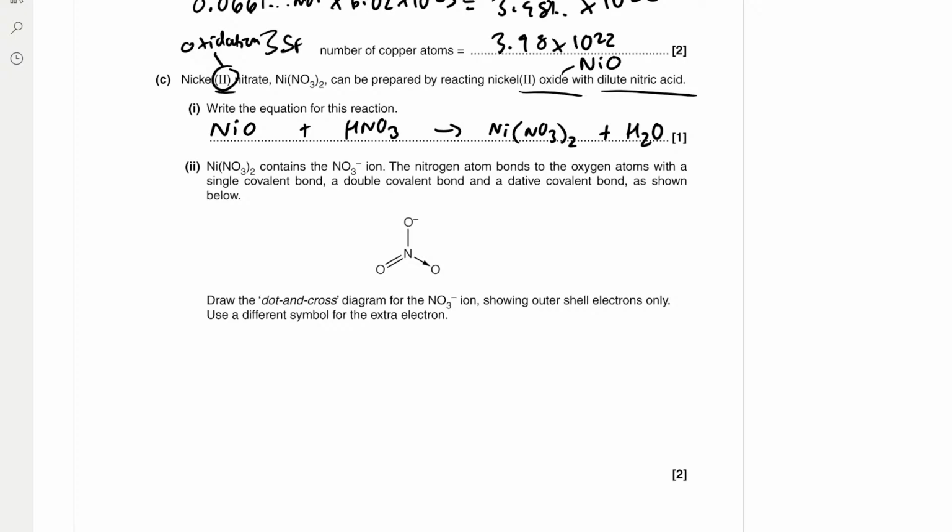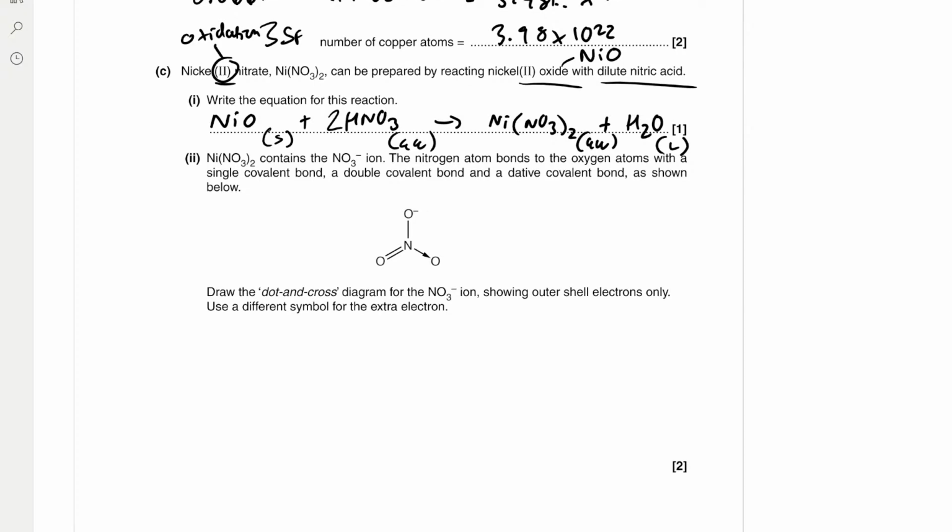Then we need to balance it. We've got 2 NO3 on this side, so we need to balance that, and that gives us a perfectly balanced equation. They haven't asked for state symbols, but it's always good to give them. So that's going to be a solid, aqueous, aqueous, and that's going to be a liquid.